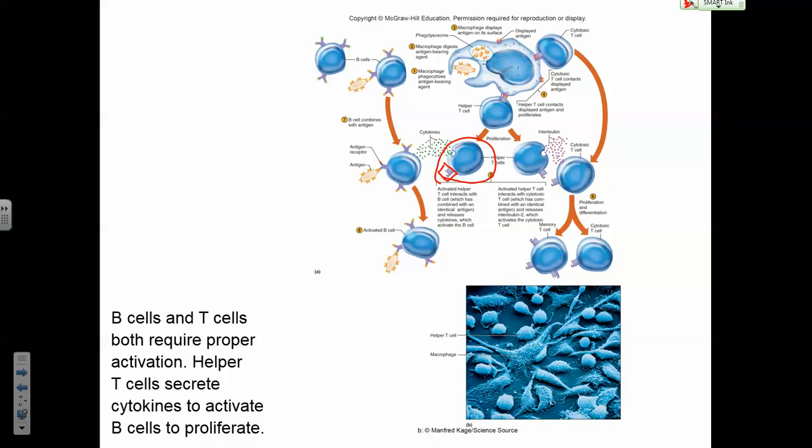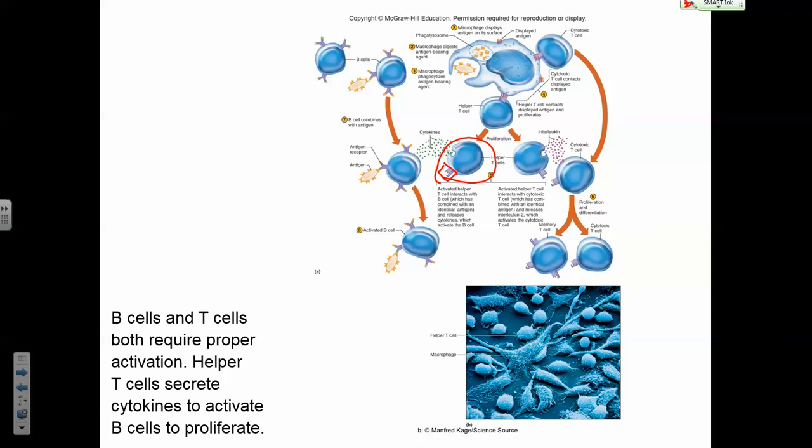It is specific for the foreign antigen, but also for the MHC proteins, the self proteins. And it can't be activated by just the antigen. The antigen has to be sitting there with the MHCs in order to get it activated. So it's got to be activated by one of your body's own cells. It's already engulfed the foreign antigen. But when it gets activated, the same kind of thing happens as in B cells.